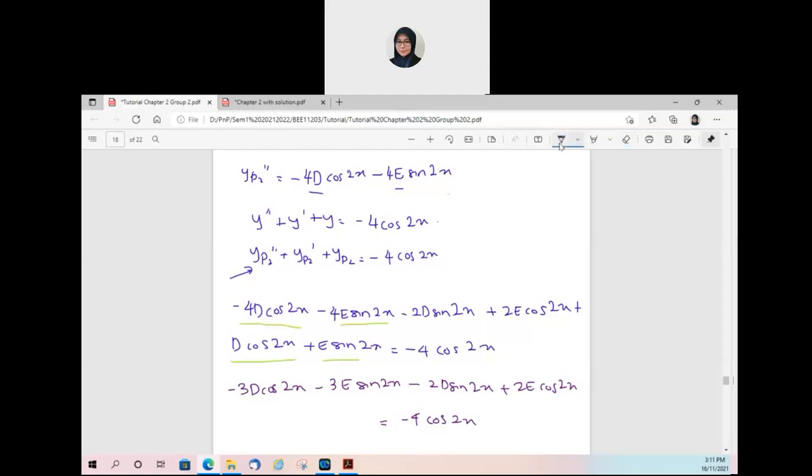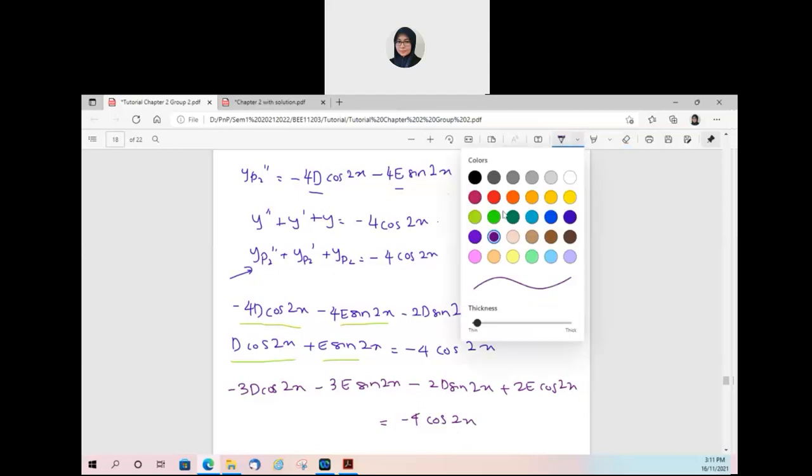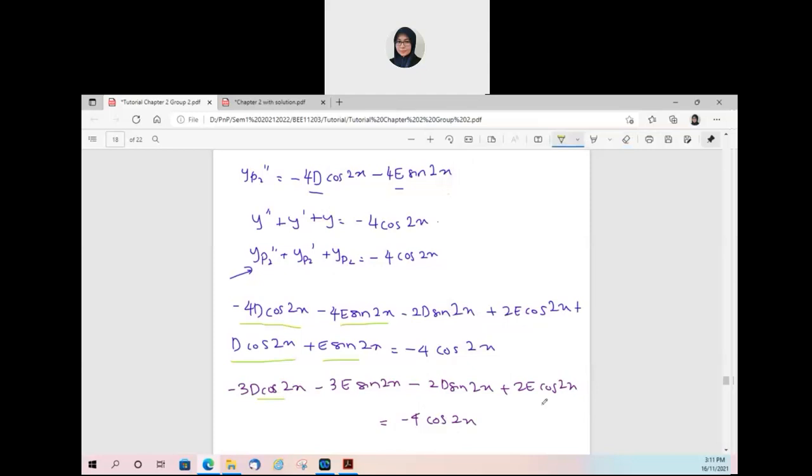Okay, so this one kita kena groupkan. We have to group it. So kita groupkan cos dengan cos. So here we have 2E minus 3D, betul?